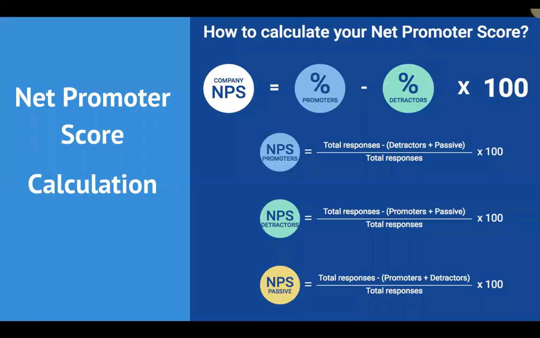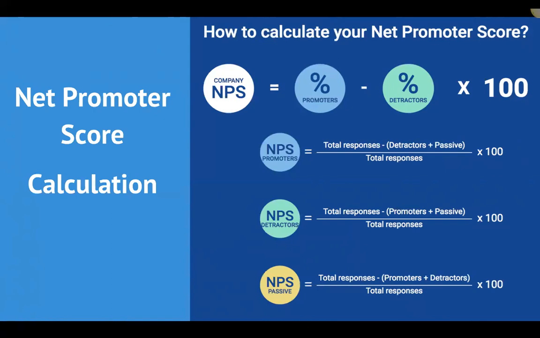And to calculate the overall score, we basically break it down into the overall. So it looks at who the promoters are. You look at total responses minus detractors plus passives, divided by total responses, times 100. And then it switches.